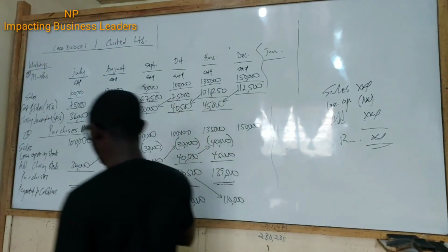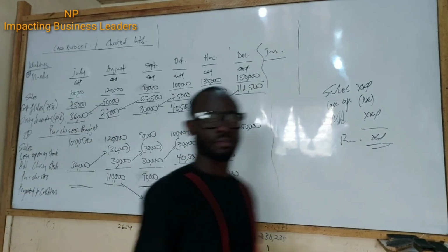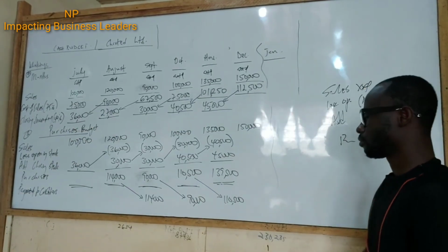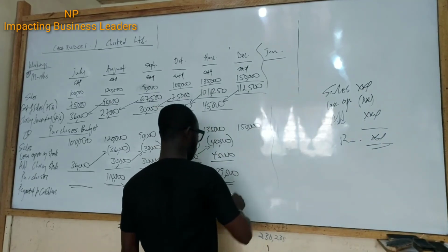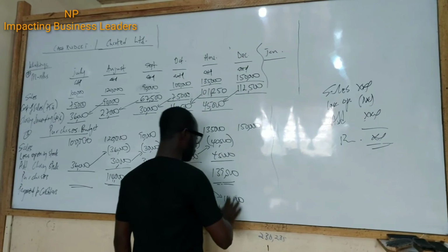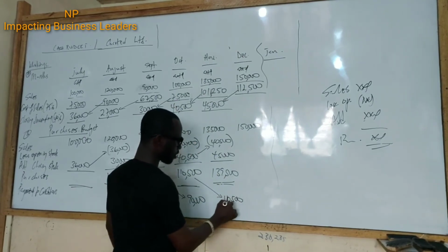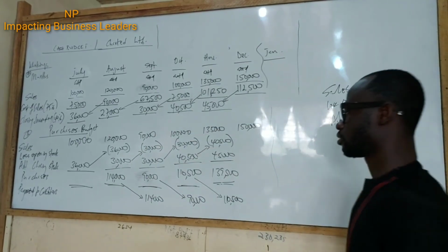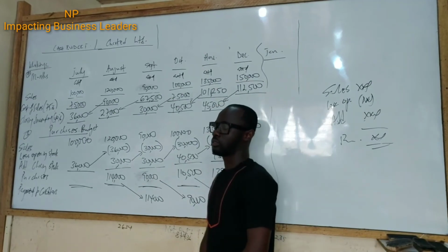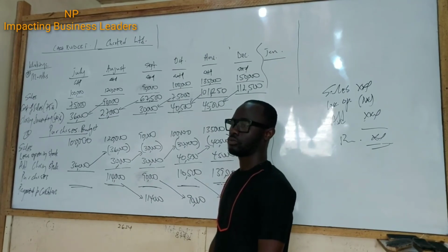Read the statement and see the meaning of it. The company has the policy to pay for purchases in the month following purchases. What is the meaning of that? The policy is that if they made purchases in July, they pay in August for the July purchases.